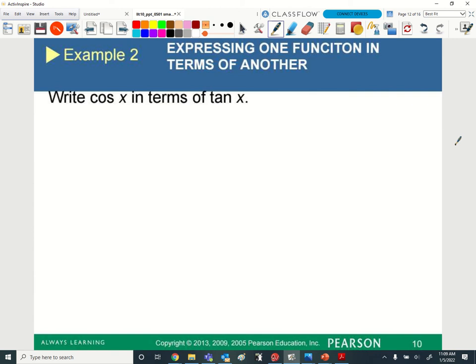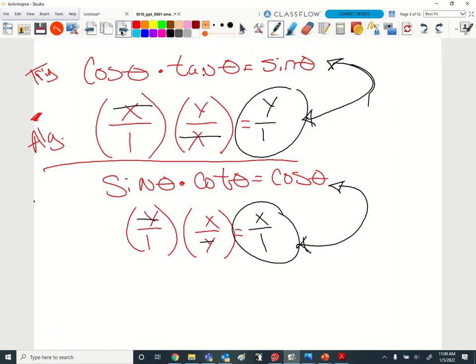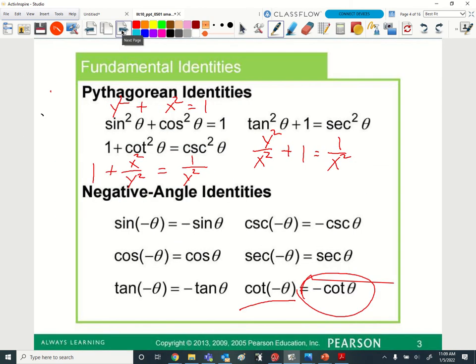So I'm going to back up to see which one I want to use. Right here. Which one of these has tangent in it? The tangent one, right? So that's the one we're going to use, and you'll see why in a moment.